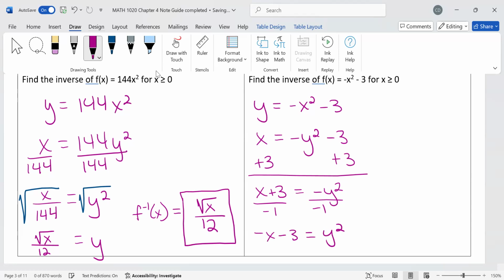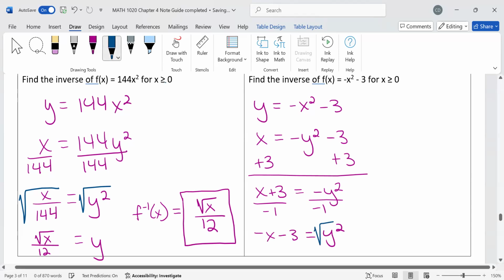We need it to be positive before we take the square root of both sides.